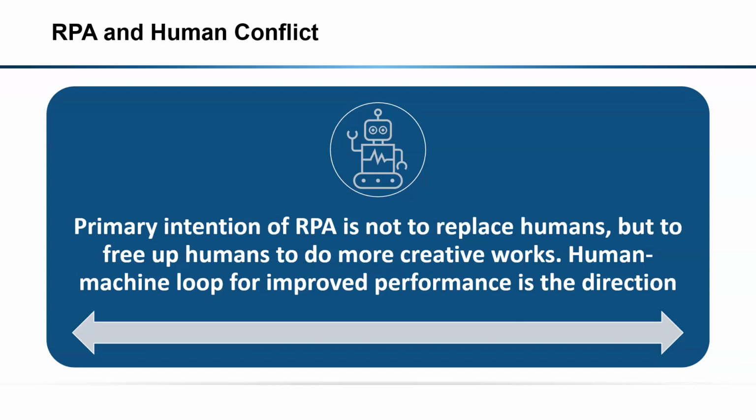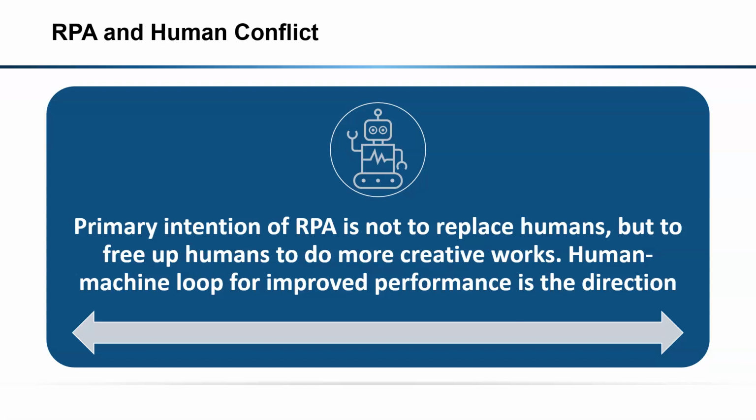The primary intention of RPA is not to replace humans everywhere, but to free up humans to do more creative work. And the human-machine loop for improved performance is the direction. So RPA's intention is to improve the efficiencies and take away routine tasks, wherever they can be automated, so that humans can do more creative work.